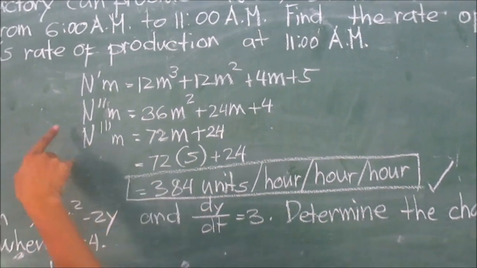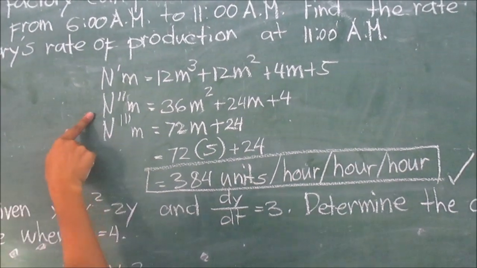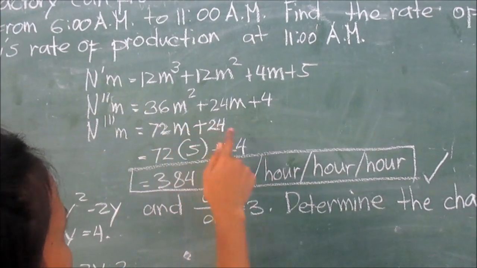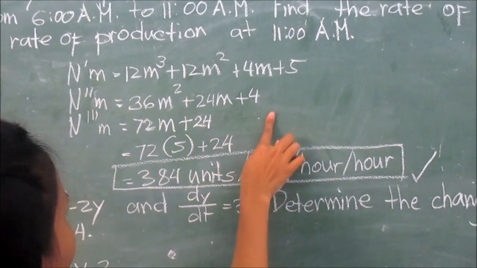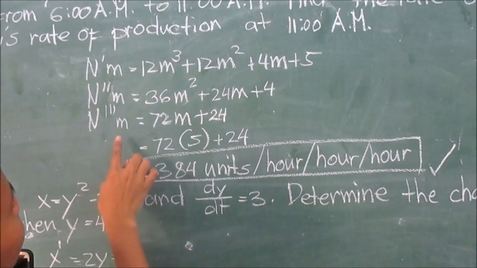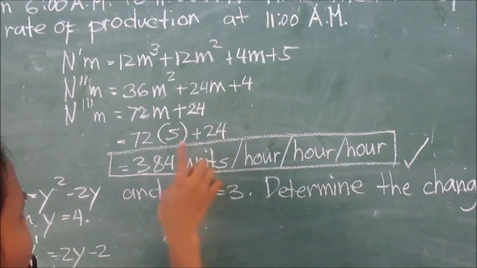As we already have the n prime of m, next we need to proceed to n second prime of m. So it will be 36m squared plus 24m plus 4. Next is n third prime of m is equals to 72m plus 24.